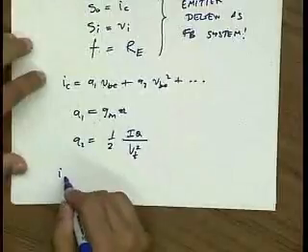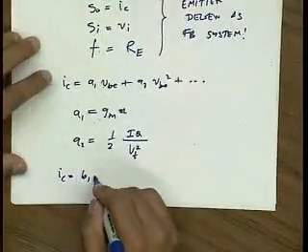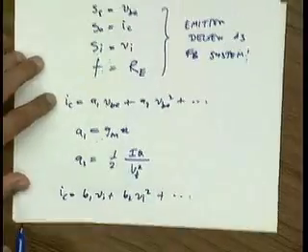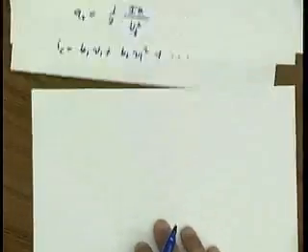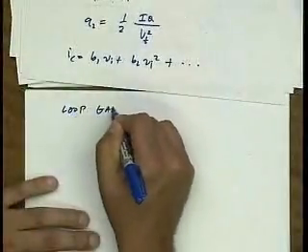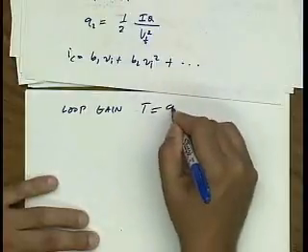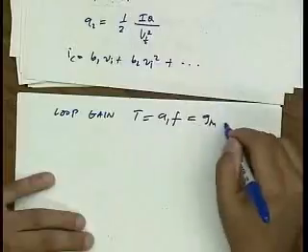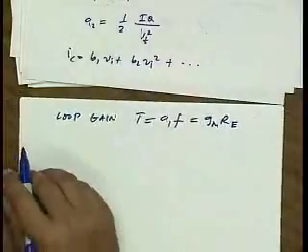Now we know with feedback, IC is B1 V input plus B2 V input squared. And the loop gain T, which is A1F, is A1 is GM, F is RE, so it's GM-RE.